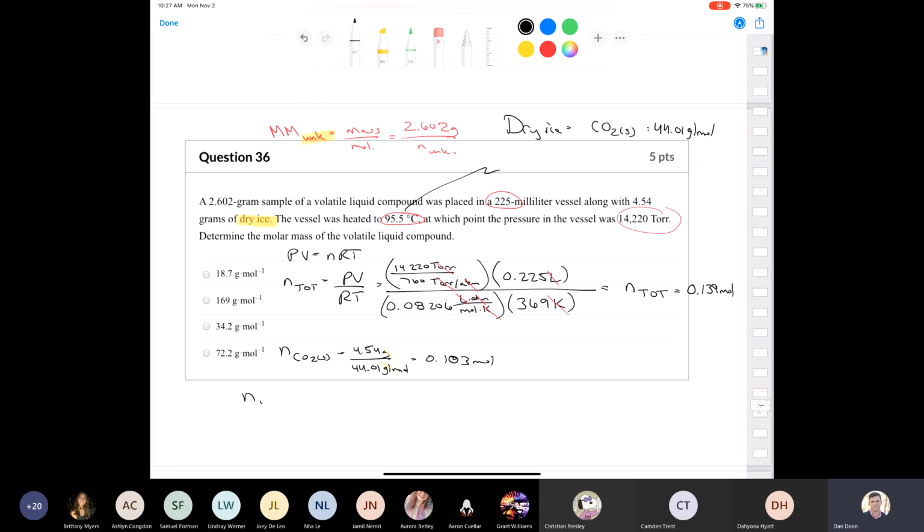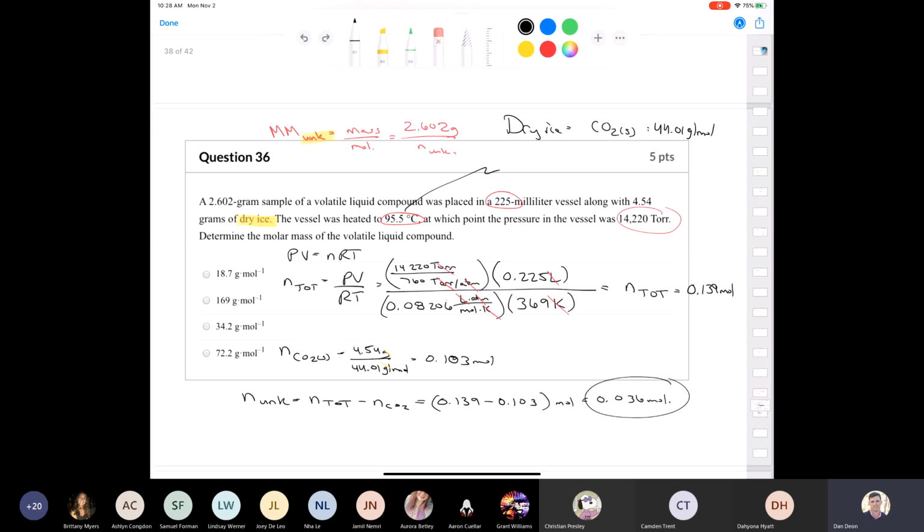So the number of moles of my unknown is going to be equal to the total number of moles, 0.139, subtract the number of moles of CO2, 0.103 moles. And when you punch that into your calculator, you get 0.036 moles.